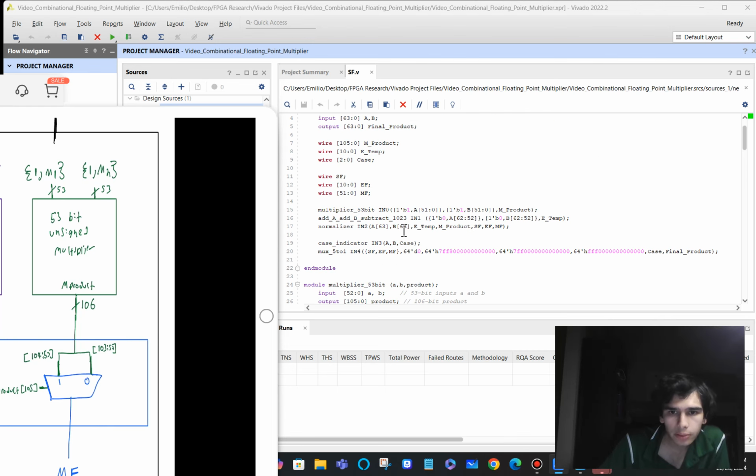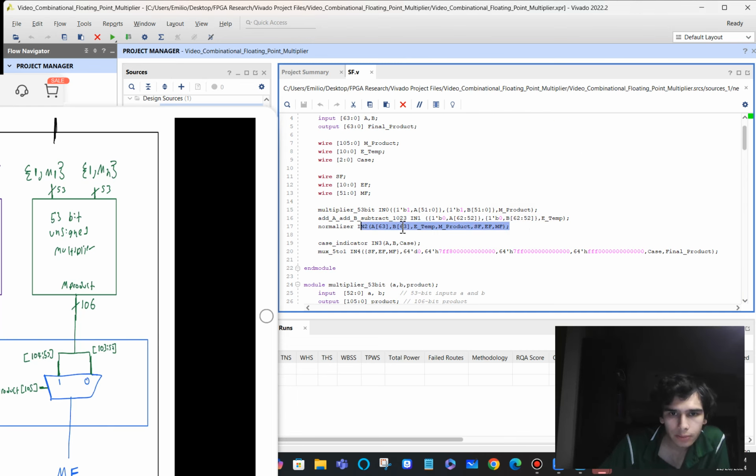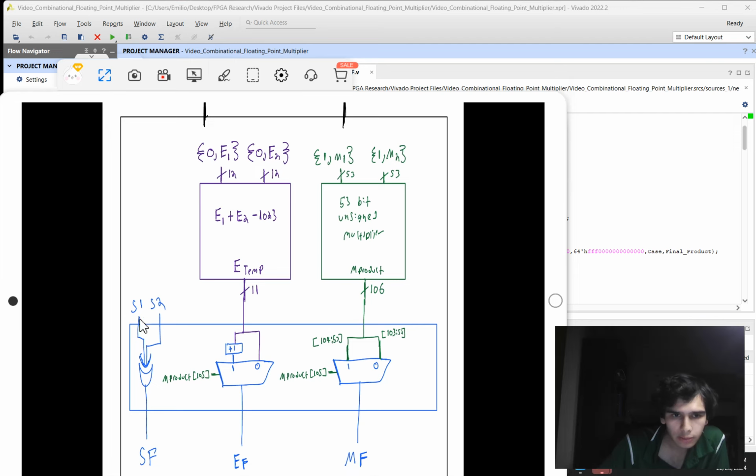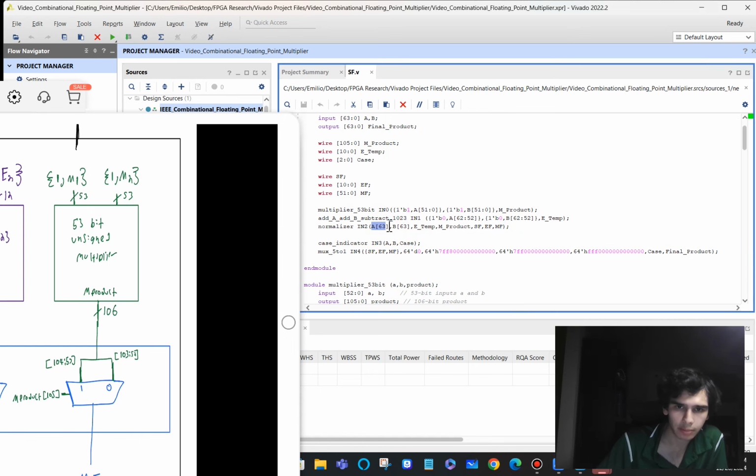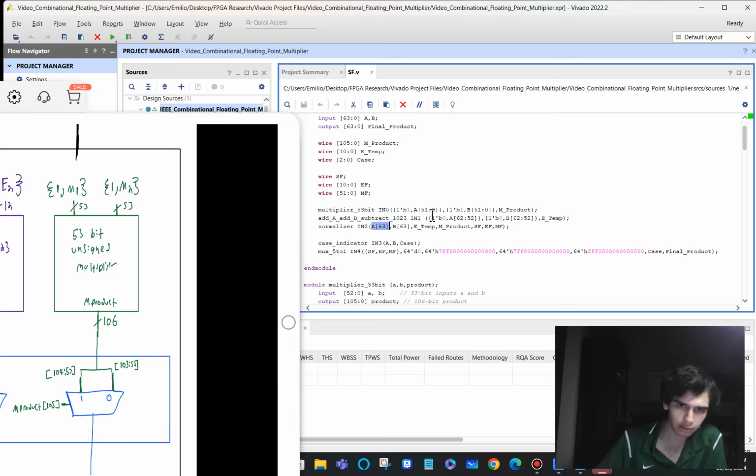So the normalizer takes an A and B right here, S1 and S2. Remember, for the floating input for A, the very first bit's a sign bit.